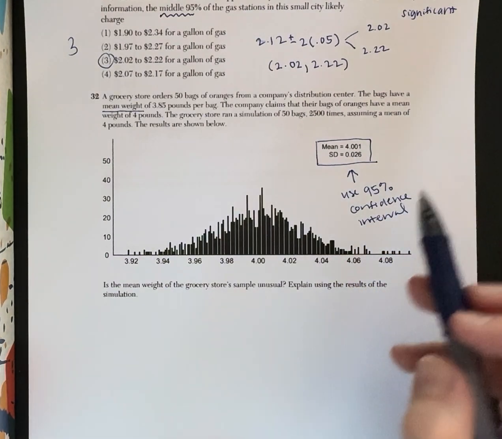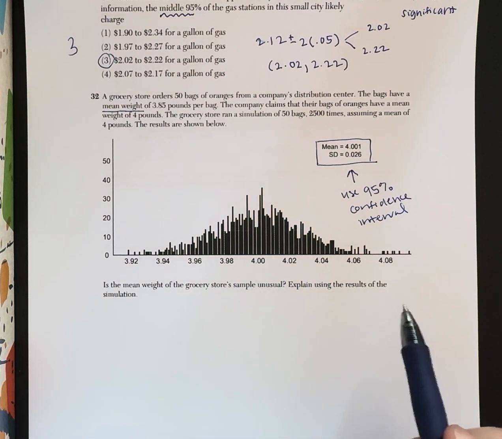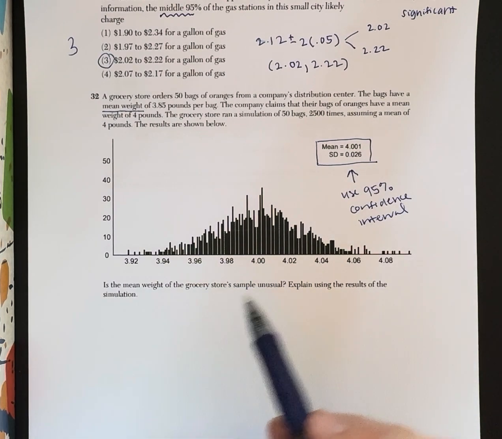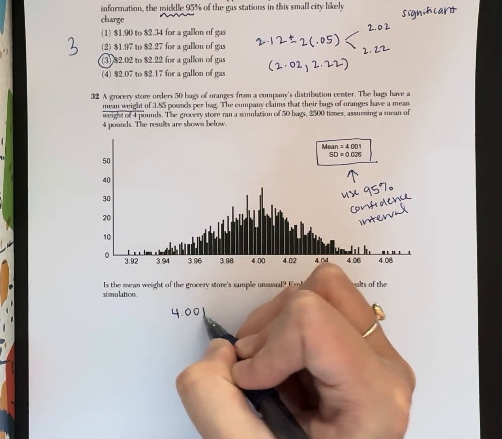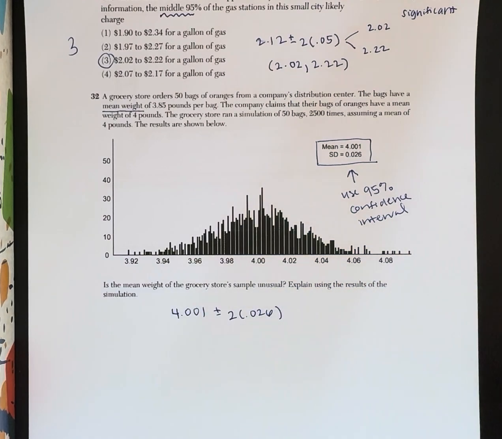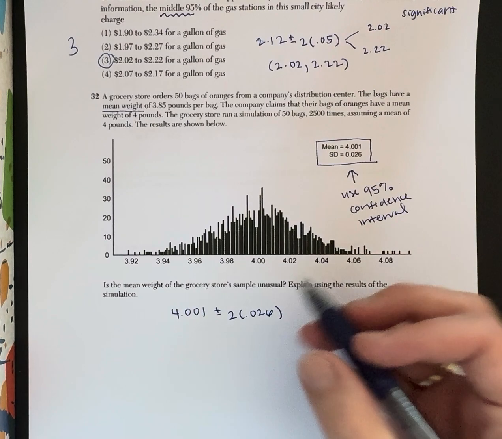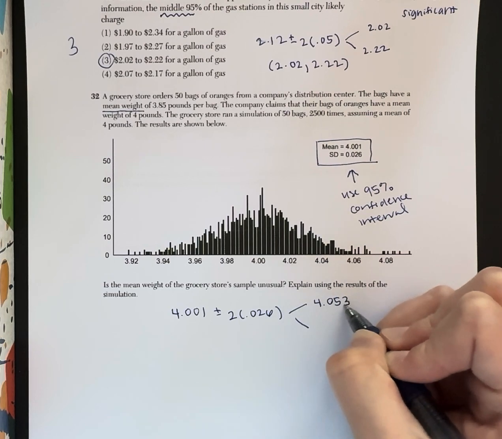Okay, so we've got, is the mean weight of the grocery store sample unusual? Explain using the results of the simulation. So we're going to do the mean, 4.001, plus or minus 2 of the standard deviations. 4.001 plus 2 times 0.026 on my giant calculator is 4.053.